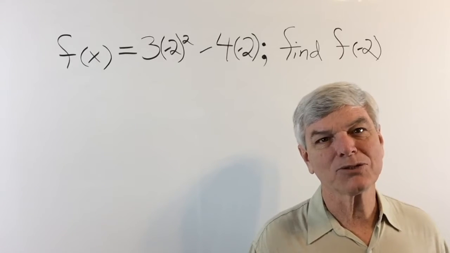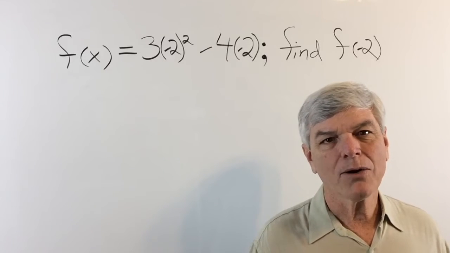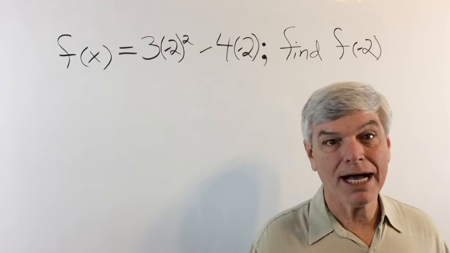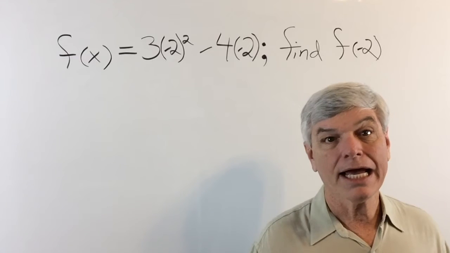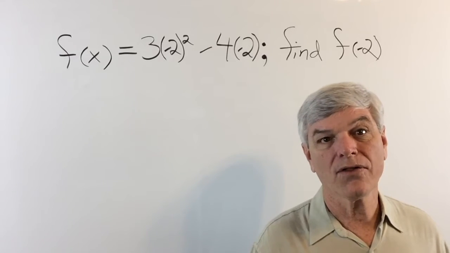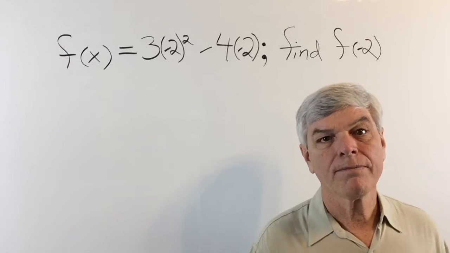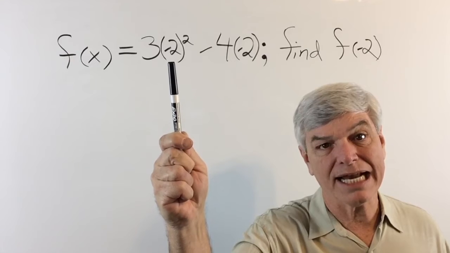We've gone over that earlier in the year: a negative is a negative, a negative times a negative is a positive, a negative times a negative times a negative is a negative. I don't need to go through all that again, but be careful there.